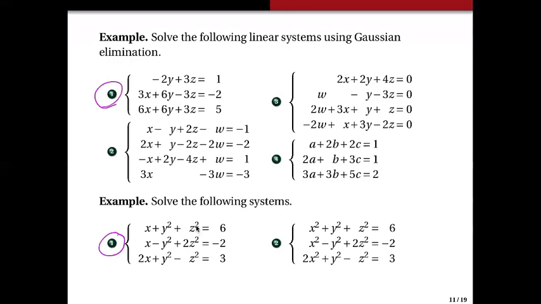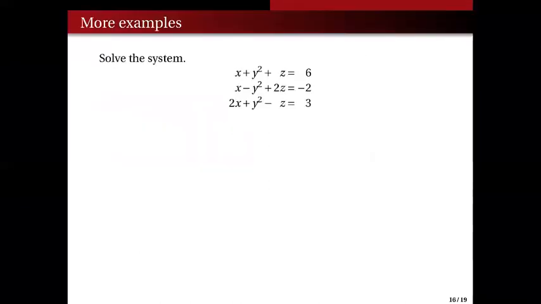Okay, so in this example, I also had z squared. But anyway, let's work on the one without the squared. It doesn't matter. It's still non-linear. This is still non-linear because of the presence of y squared. But I want to work on this.